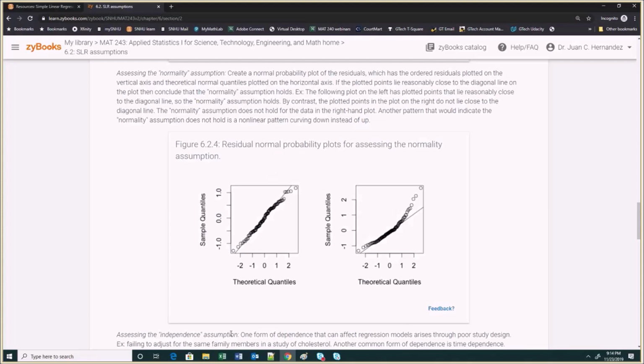And in Python, you can get this plot where you can see that the normal probability line is given here. In the left case, the error terms are normally distributed because they follow the normal probability line. In the case on the right, the deviation from the line causes a violation of the normality assumption.